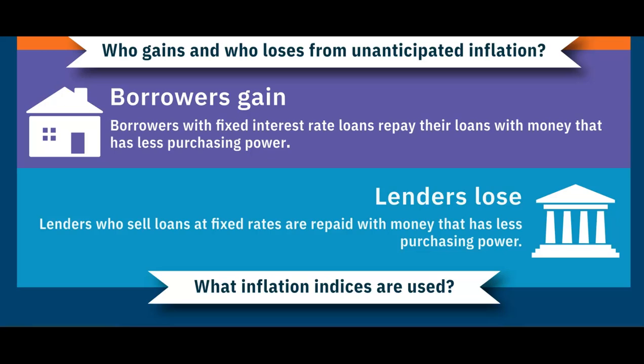So when you pay the bank back years later, you're handing them dollars that have significantly less purchasing power than the dollars they originally gave you. And the borrower wins because their debt is basically cheaper to pay off. And in this case, the lender loses because their real return is kind of wiped out.